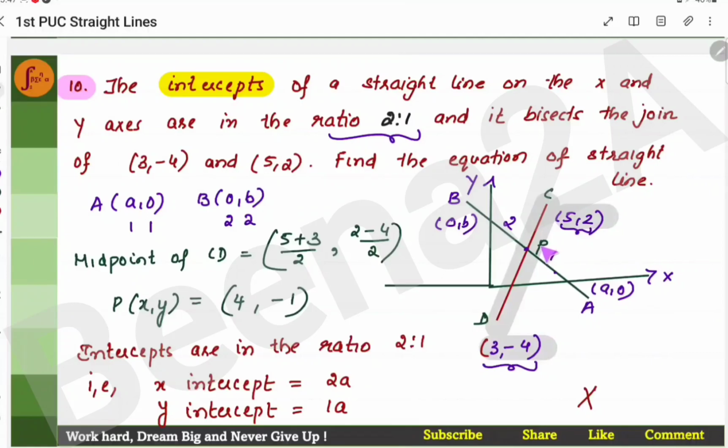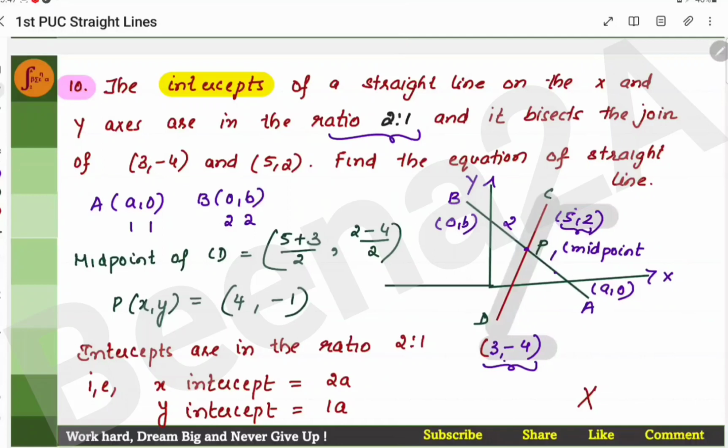Let's assume that this point is P. Since it is bisecting, it will be nothing but the midpoint of these 2 coordinates. How do you find the midpoint? For x, 5 plus 3 is 8, divided by 2.